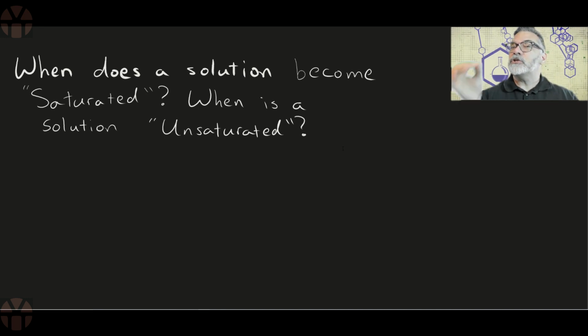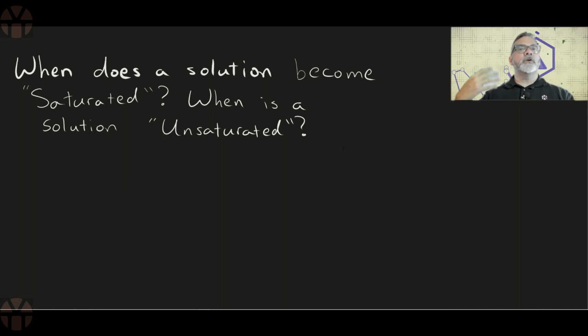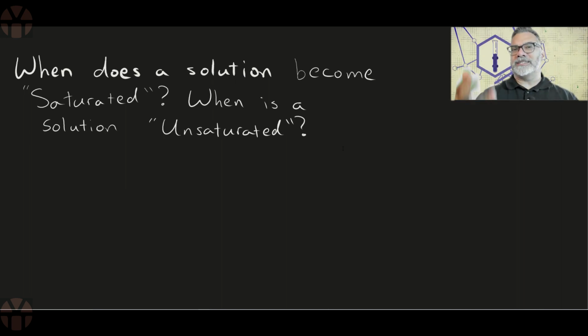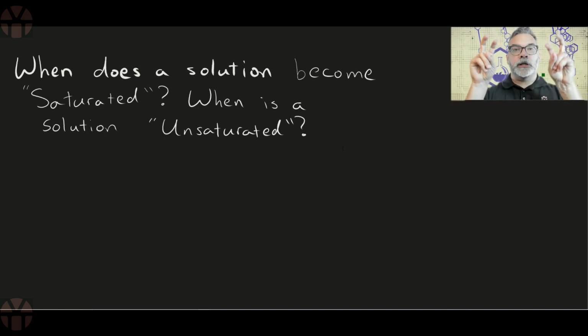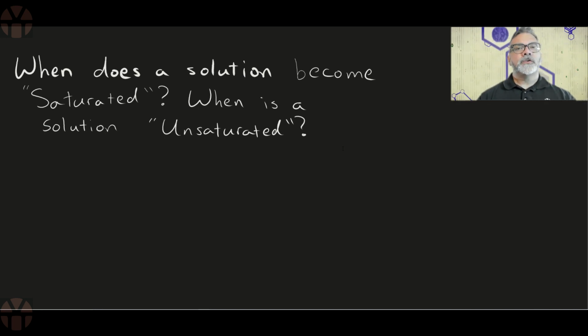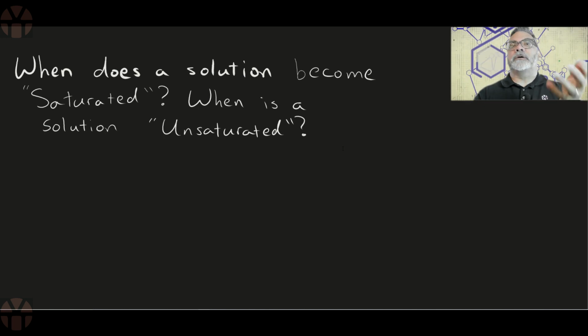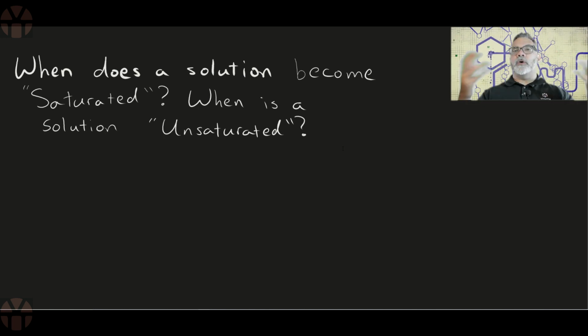This should sound familiar, because when you first learned about whether a solution is saturated or not, you probably learned it in the context of how much of the solute you can dissolve. What do we mean by that? Perhaps you are familiar with a simple syrup solution if you're a chef or do any type of cooking.